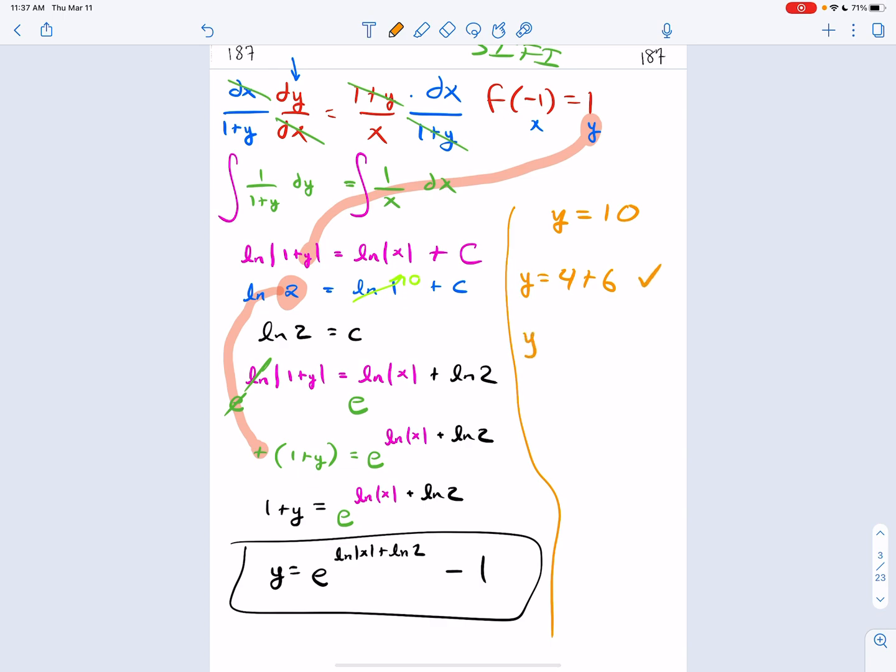So even if you wrote y equals 7 plus 3, as long as it's equivalent, you get a point. Even if you wrote something weird like 3 squared plus 1, you would still get the point. If you wrote the square root of 100, you would still get the point because all of these here are equivalent to 10. You do not get extra points for simplifying.